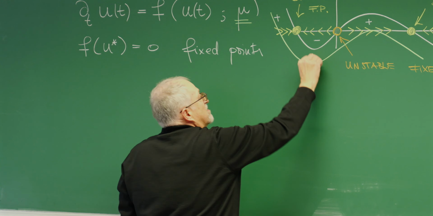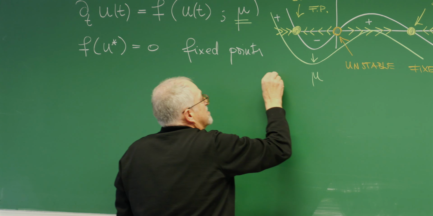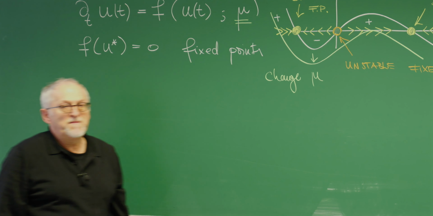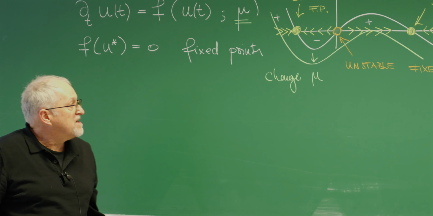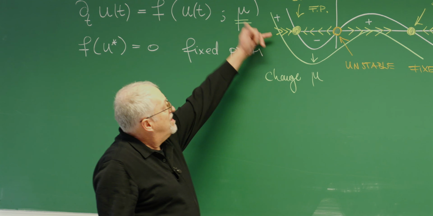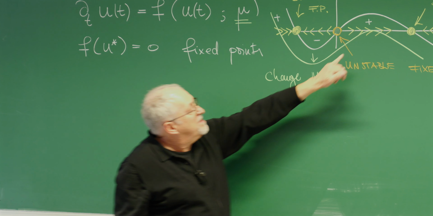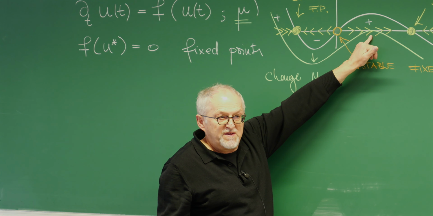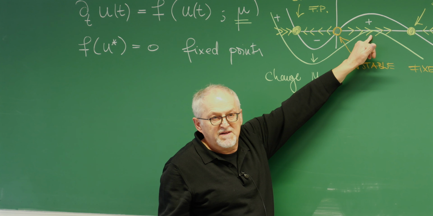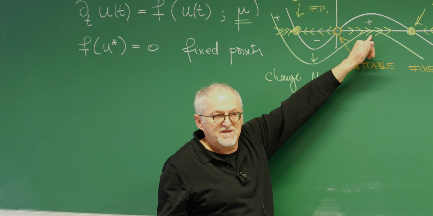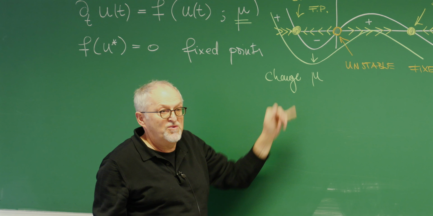So you change mu in a certain way. And now things are different because that point still is a fixed point, but those 2 fixed points have been colliding. And at this point in time, they actually vanish, just at this value of the parameter mu.